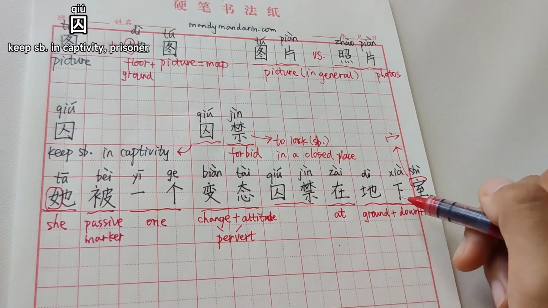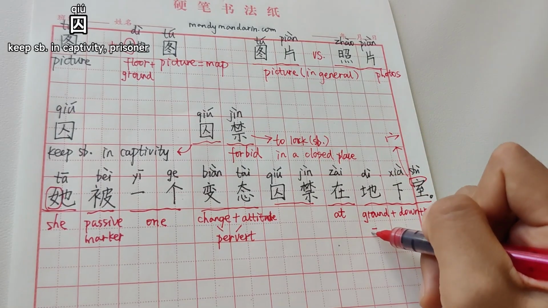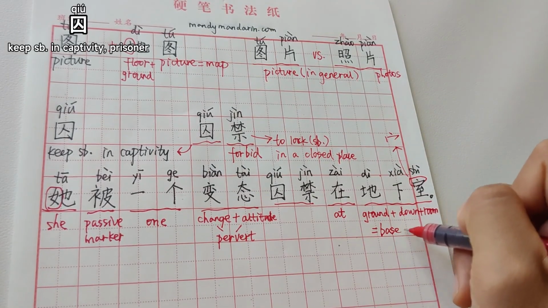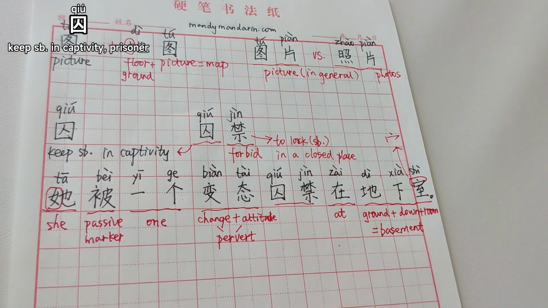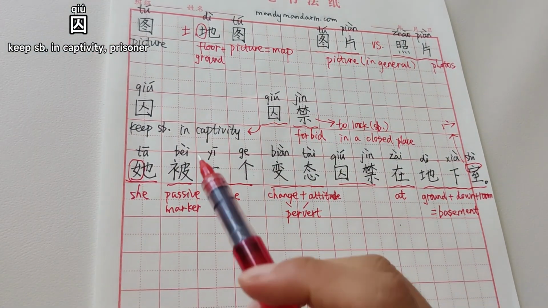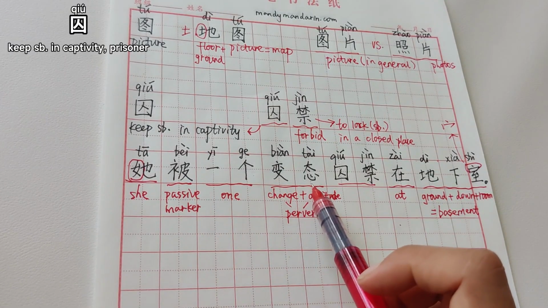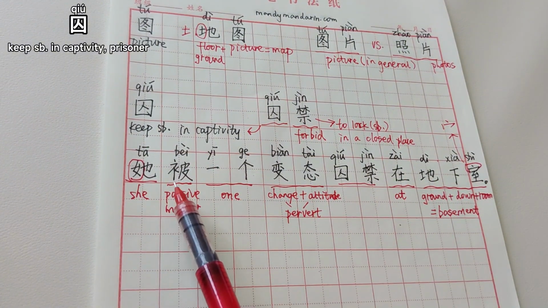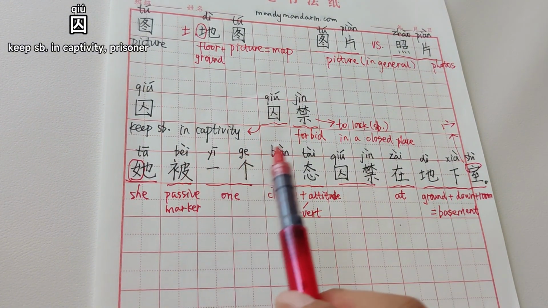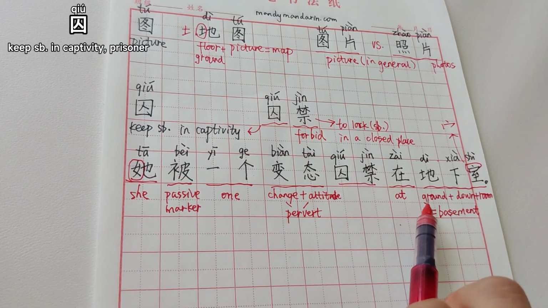Okay? 地下室, the underground room, would make basement. So this is the whole sentence: 她被一个变态囚禁在地下室. She was held captive by a pervert in the basement.